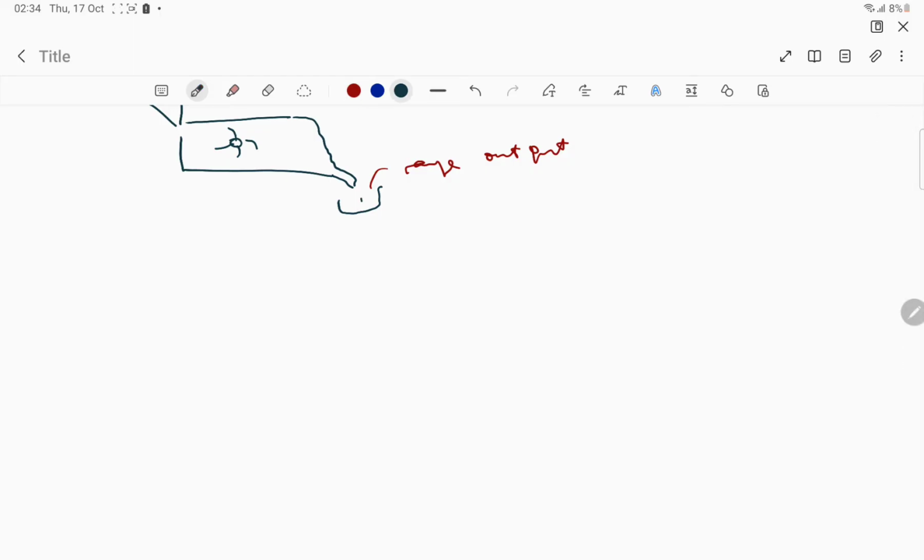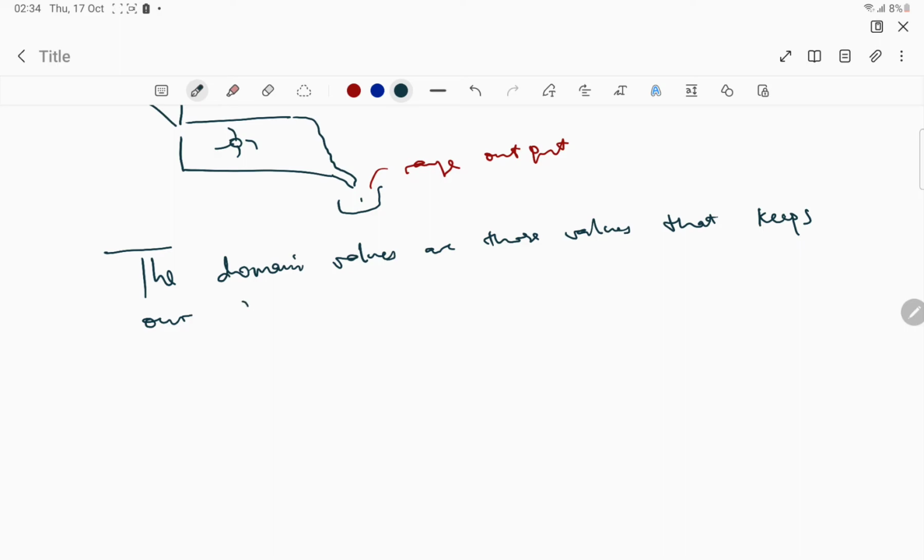So the domain values are those values that keep our function defined.